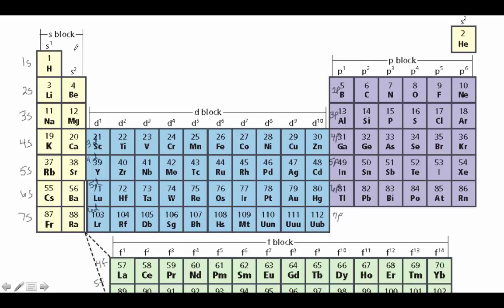So what you notice here within the S block, all elements within this first group on the periodic table will end in an S1 in terms of an electron configuration. All of the elements within the second column will end in an S2. Within the D block here we have D1 through D10. Within the P block here we have P1 through P6.